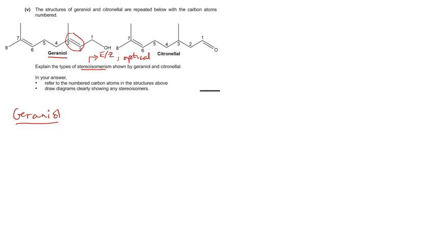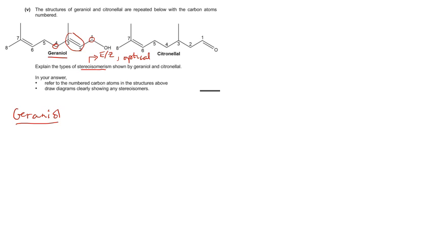So we're going to have EZ isomerism here, with on the left of carbon 3, this is going to be a high priority group, and on the right of carbon 2, this is going to be a high priority group. So the isomer that is drawn there in the question is an E isomer.